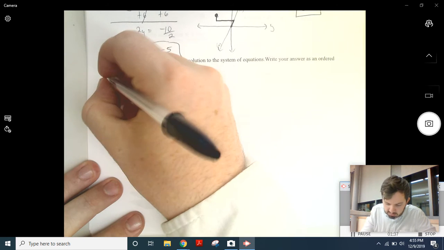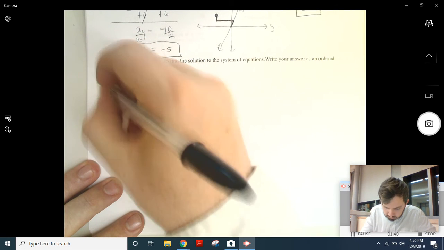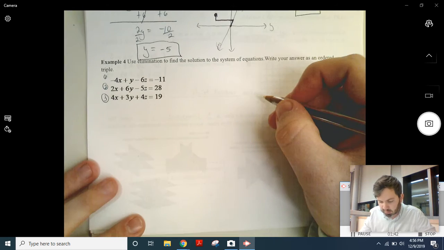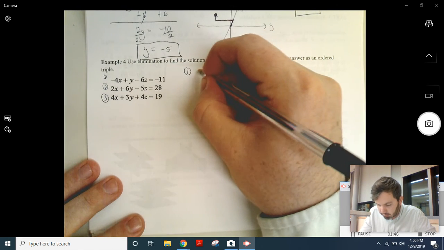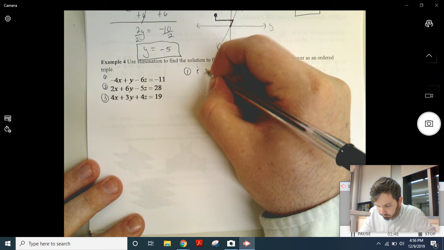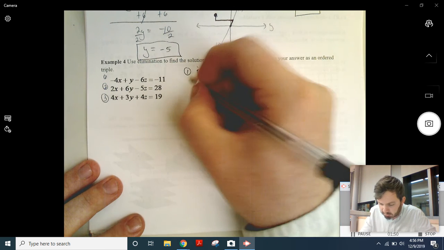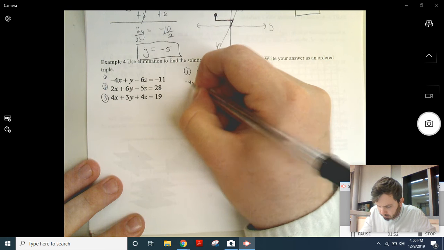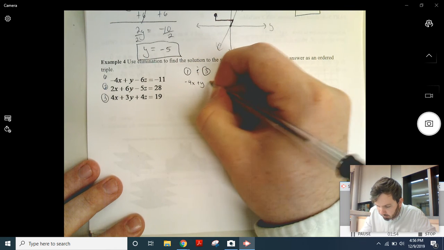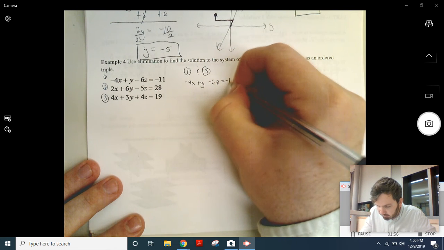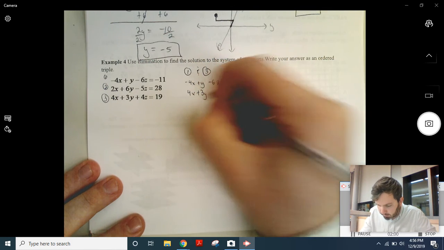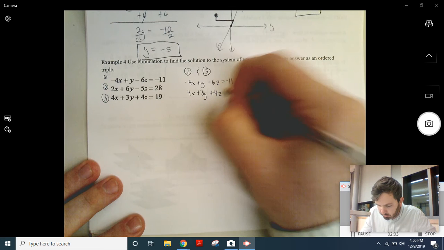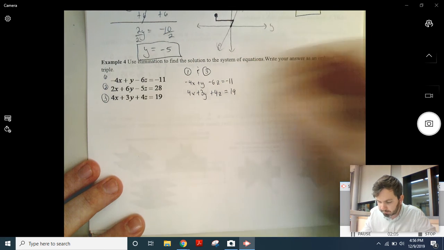Let's label these as equation 1, equation 2, and equation 3. The first thing we're going to do is the easy one: equation 1 and equation 3. Let's write those out. -4x plus y minus 6z is equal to -11, and 4x plus 3y plus 4z is equal to 19.